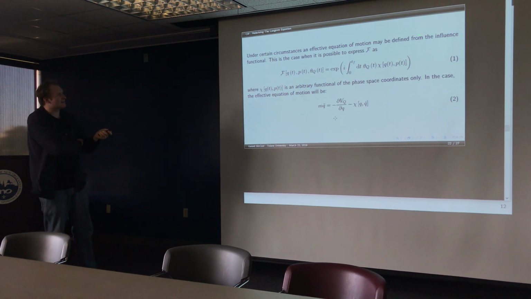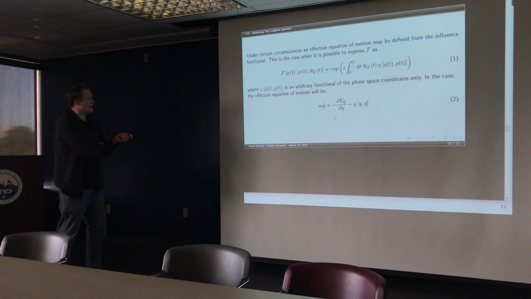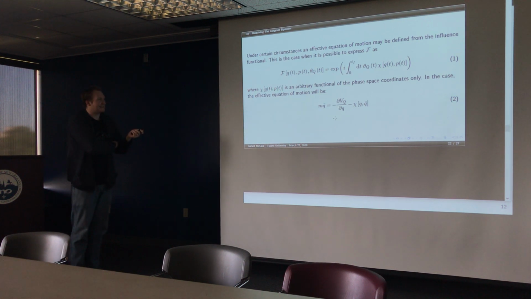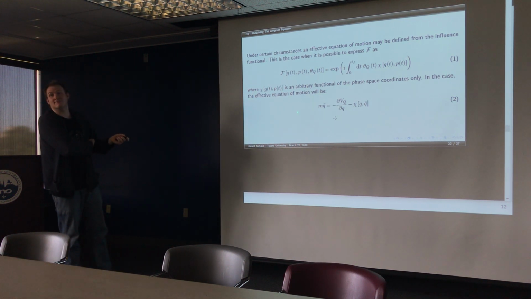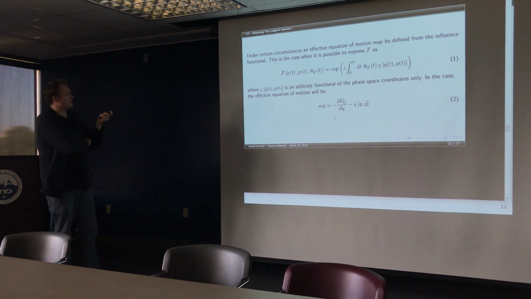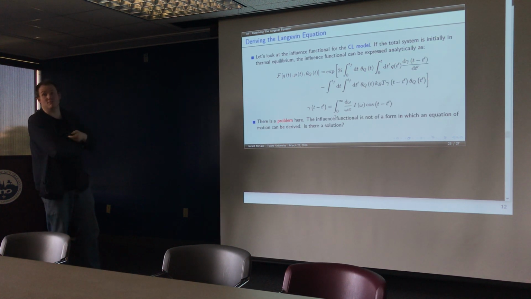If it can be cast in a certain form, which is this object, then this functional chi of q and p will turn up in the effective equation of motion for your open system. If you can put the influence functional in this form, this is the effective equation of motion for your system. Okay?